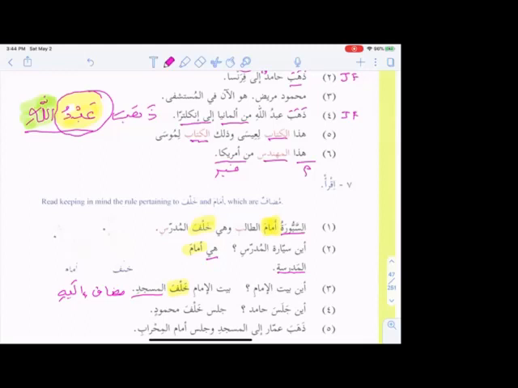Now we come to Aina Jalasa Hamidun. Jalasa, brother, Khalfa Mahmudin. Khalfa means behind Mahmud. So what kind of a sentence is this? The sentence started with Jalasa.